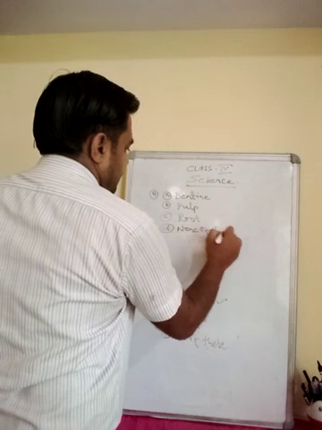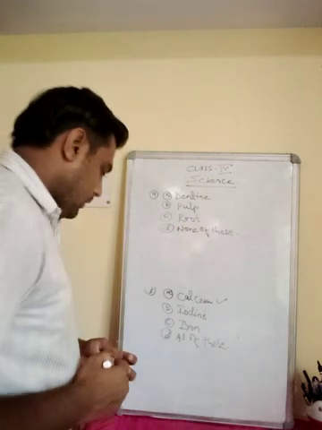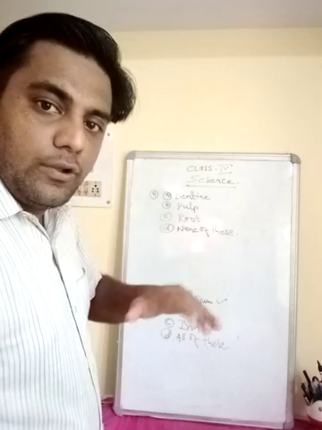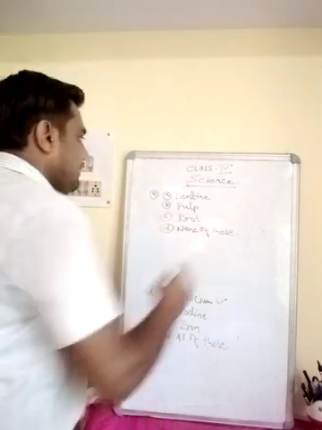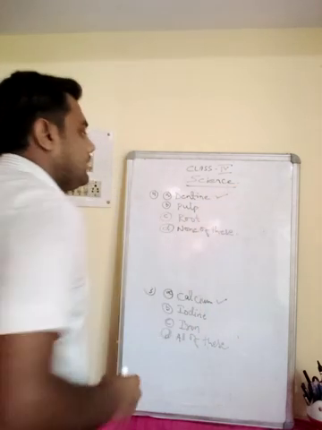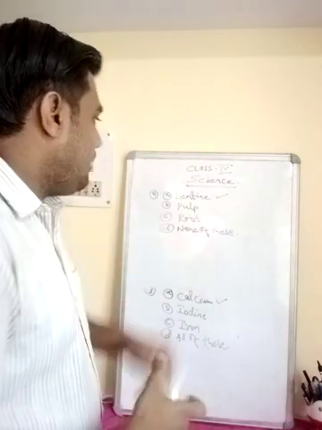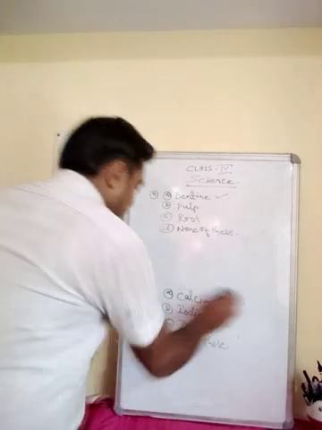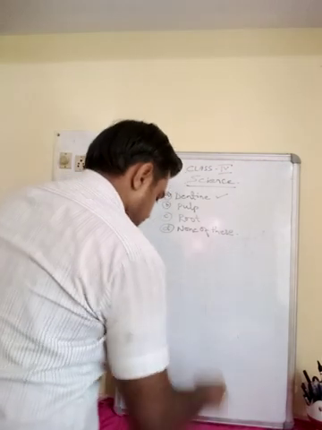So the layer of the tooth that is present below the enamel is number A, dentine. Okay.